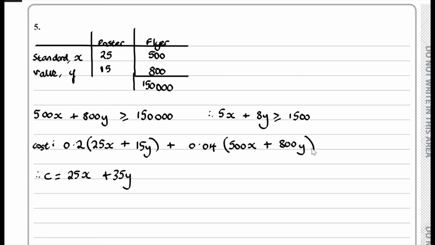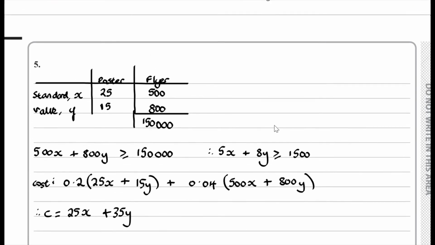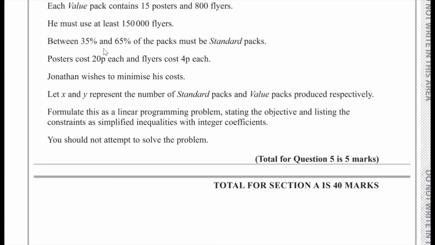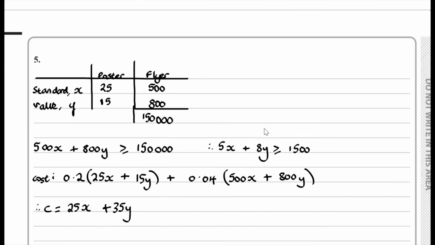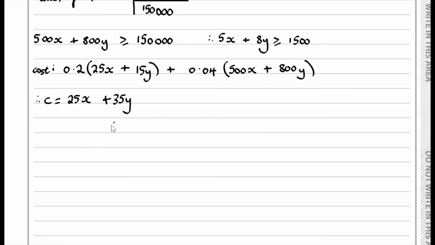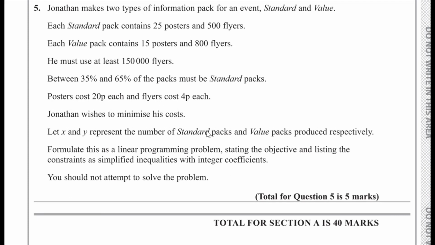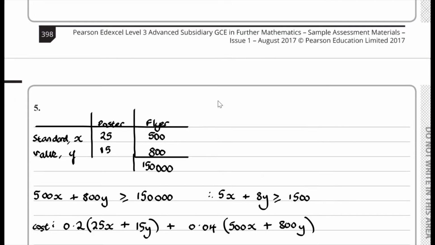And what else can we do over here? If we go back to the question, we were told between 35% and 65% of the packs must be standard packs. So somewhere we'd have this sort of inequality. Standard remembers x. Now we have between 35% and 65% of packs. So that suggests to us that we have 35% of the total x and y, and 65% of x plus y.